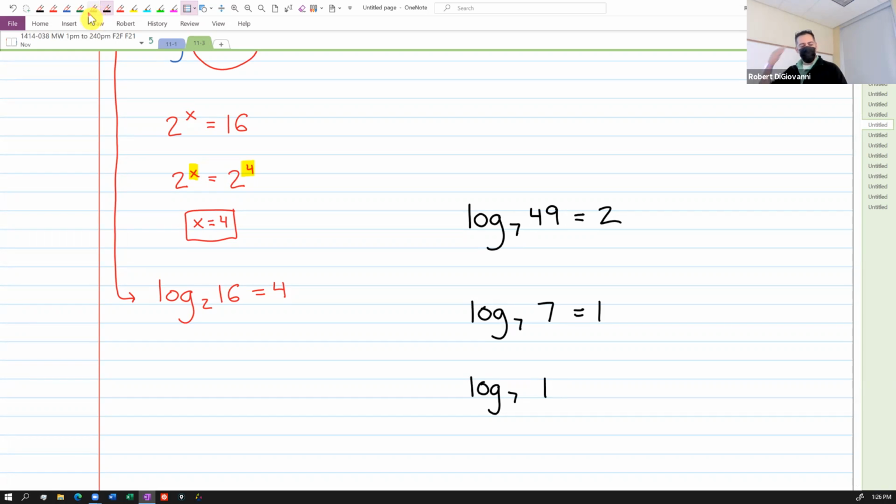So over here on the side, I'm saying 7 raised to what power is 1, right? This one was saying 7 to what power is 7. This one was saying 7 to what power is 49. Do you see those? So the only power I can raise 7 to get 1 would be 0.